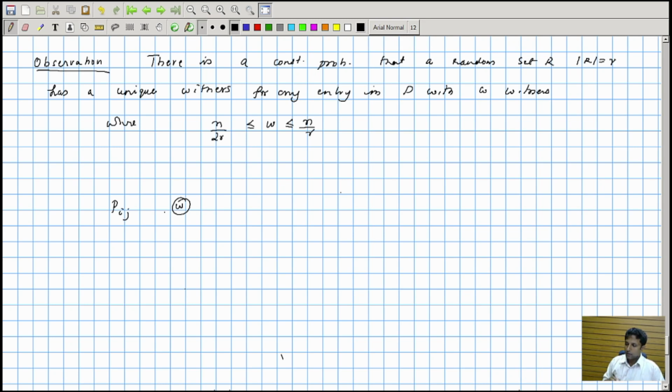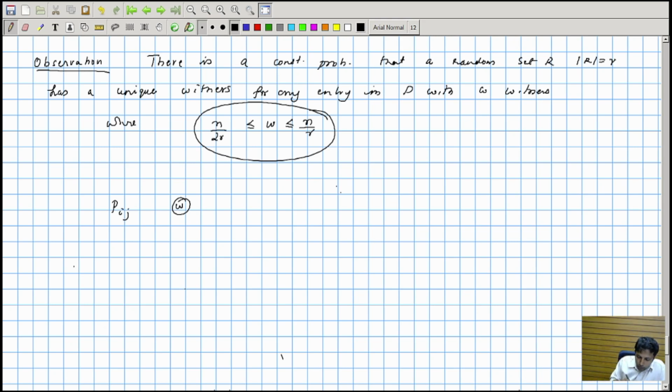A random set of size r which satisfies this particular relationship will have a unique witness with a probability equal to 1 over 2e, which is a constant probability.